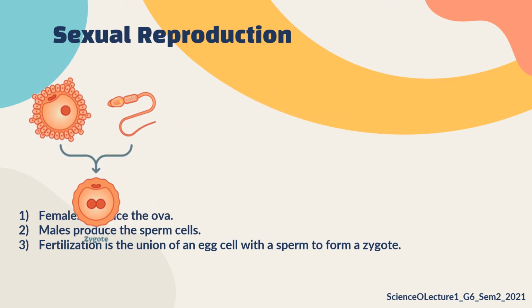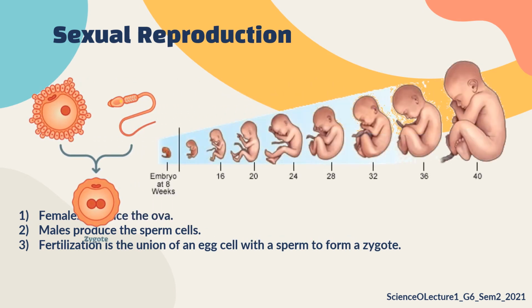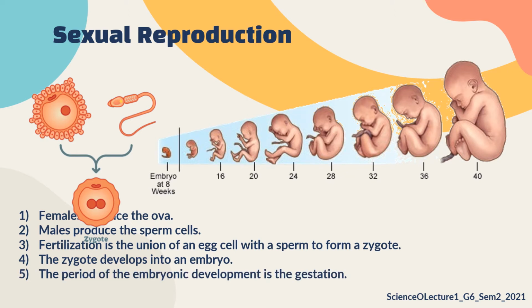This zygote is one cell that starts to divide and continues dividing to turn into an embryo growing inside the female body. The female provides the embryo with its needs, with oxygen and nutrients, during a period called gestation.